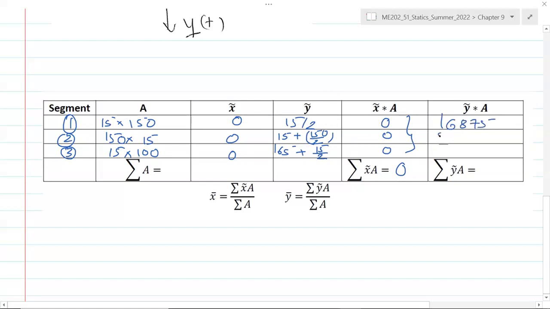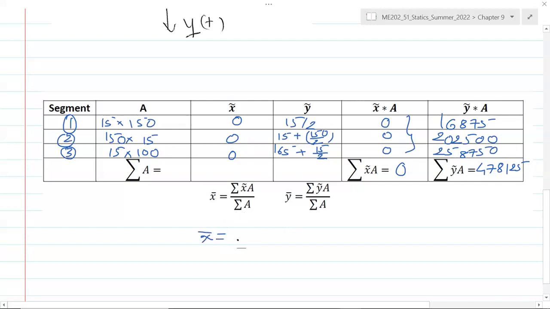For the middle shape, it's 202500, and for the third shape, it's 258750. And then the sigma is the summation of all these numbers, which is 4788125. Okay, and now we apply this equation.